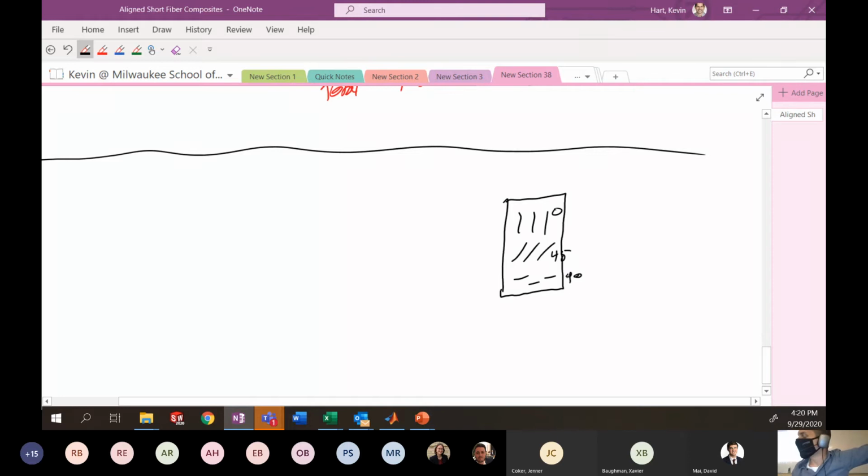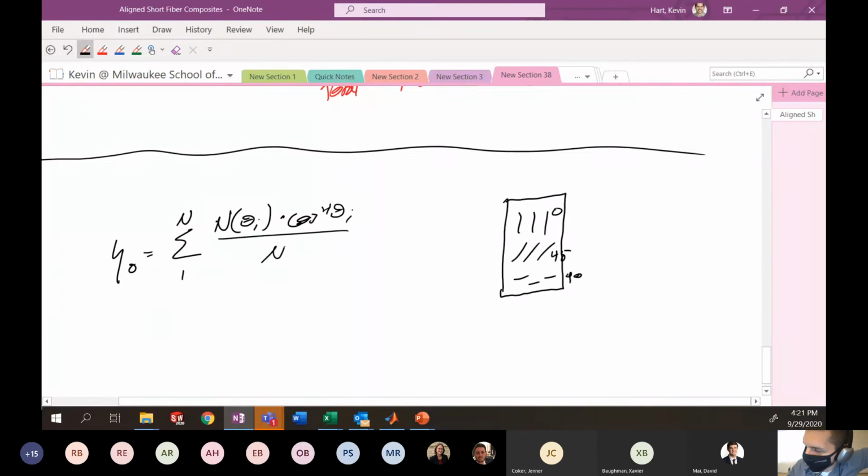Your general equation for the alignment parameter would be the summation from 1 to n of the number of fibers with an orientation of theta i, multiplied by cosine 4 theta i, all over n. So you'd have 3 components of the summation here.